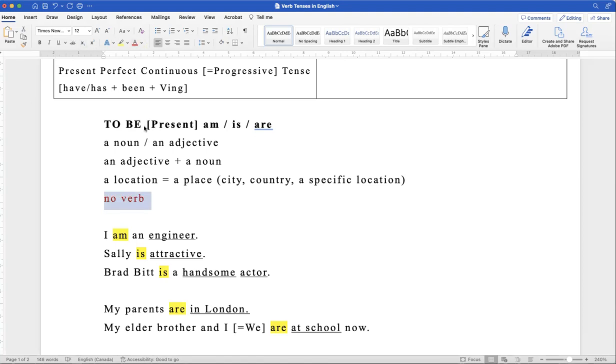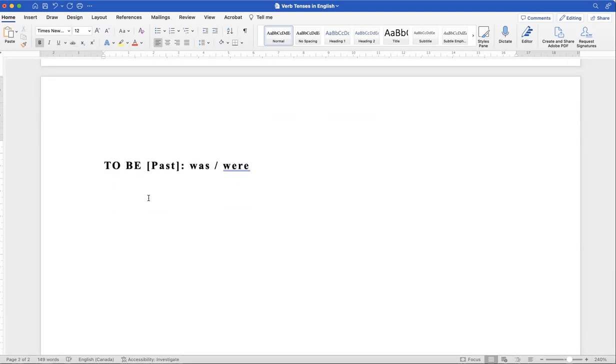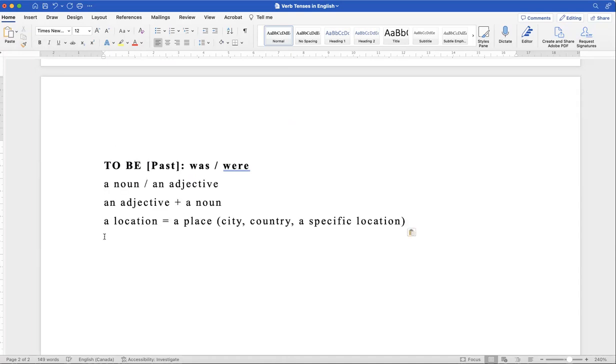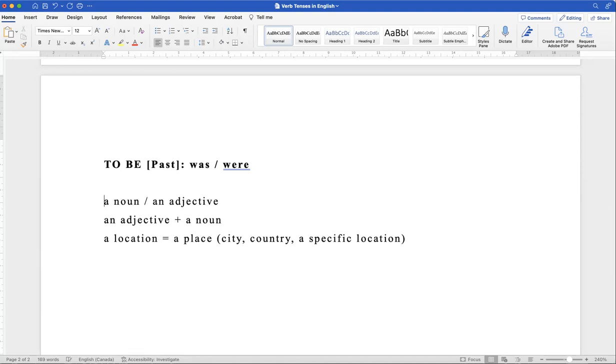That's why now we are not talking about any verbs. Verb means like action, no verb. Okay, let's check to be past form. Here, again, the same rule. A noun, an adjective and the noun, a location and the place.